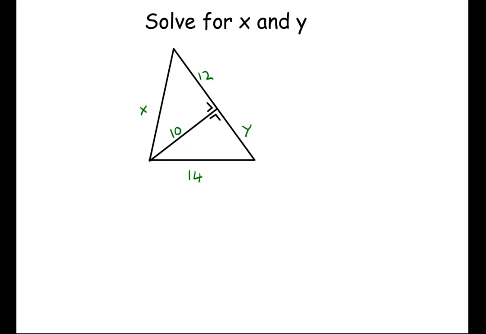And finally, when you're given a diagram that contains more than one triangle, just do one at a time. So what I would do here is, you're solving for x and y. It doesn't matter which one you solve for first.